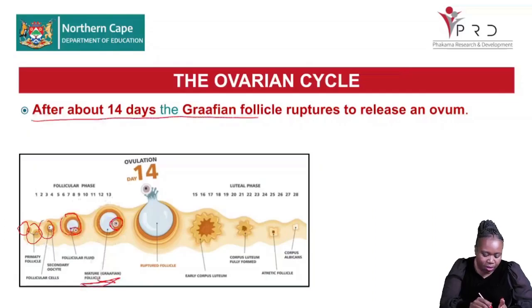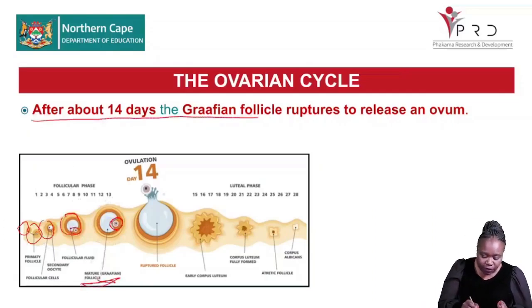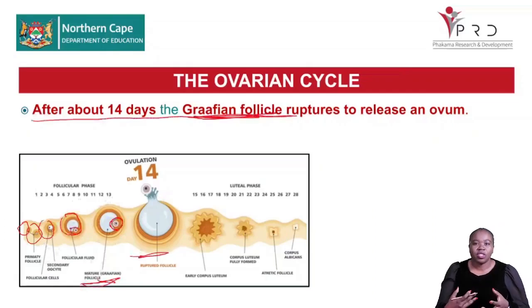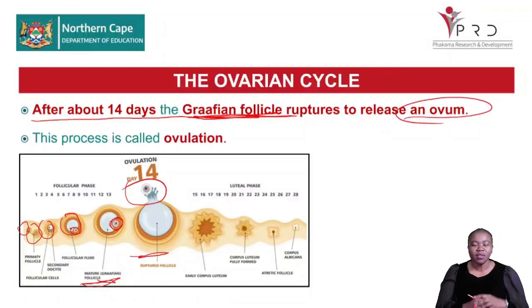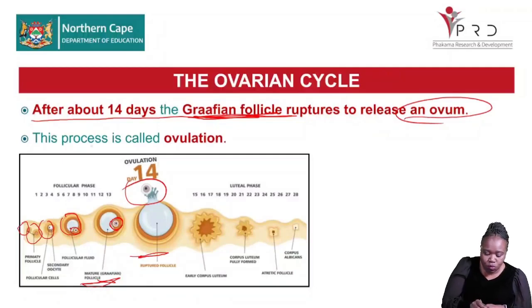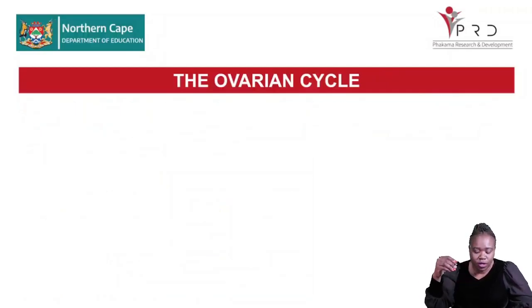First day, the follicle is developing into a Graafian follicle, and on day 14, the Graafian follicle is going to rupture. When it ruptures, it's going to open up. As we can see, it has ruptured here. When it ruptures, what happens? It releases that ovum. So it's going to release the ovum into the fallopian tubes. When it releases this ovum into the fallopian tubes, we call that process ovulation. The release of the ovum is called ovulation.